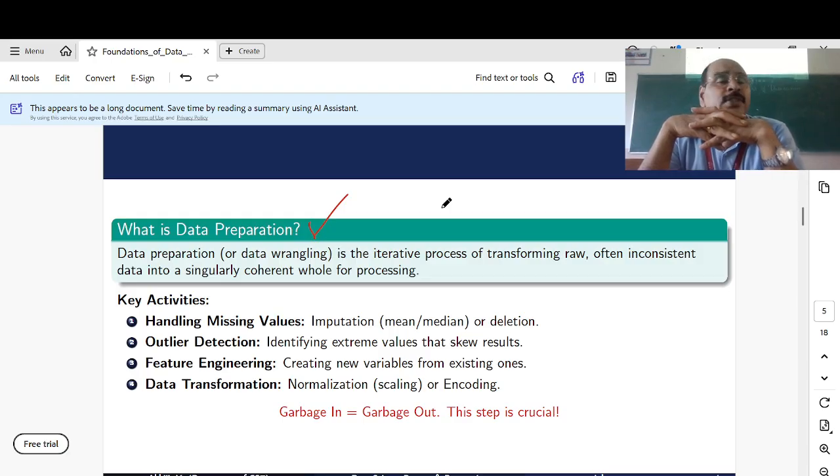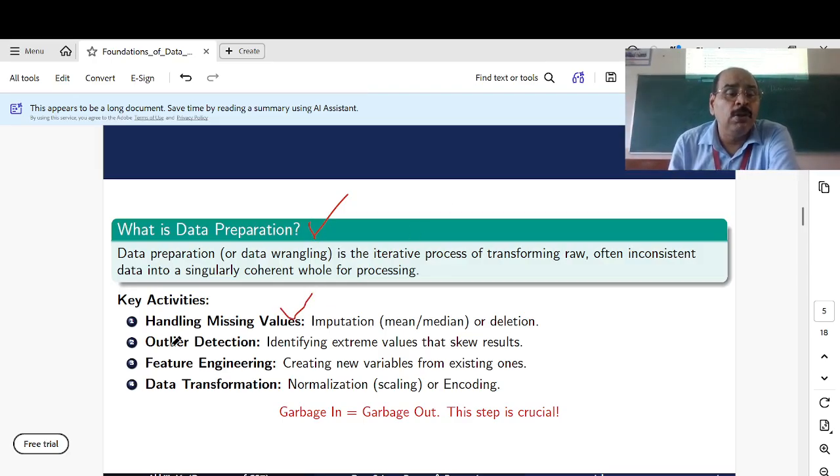I have made it as simple as possible. So in data preparation, we have four important processes. We will be handling missing values. We'll detect outliers. But what is an outlier? I have not taught you. I'll be telling you in the coming slides.